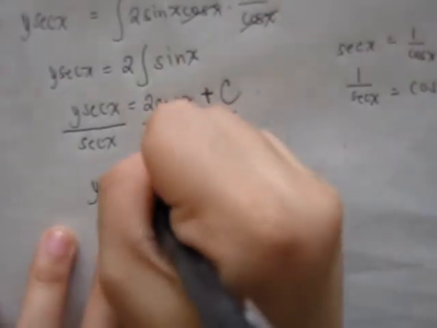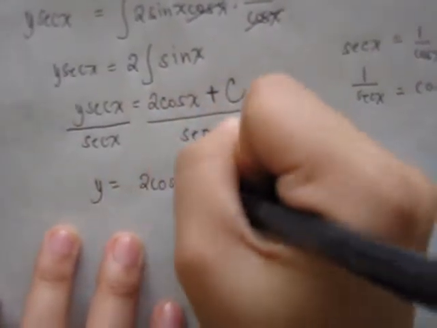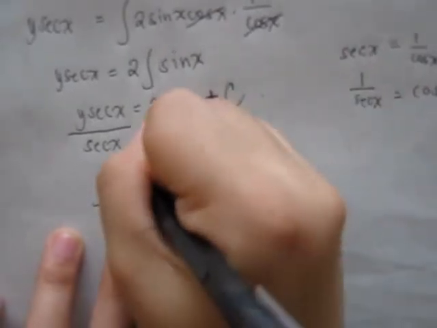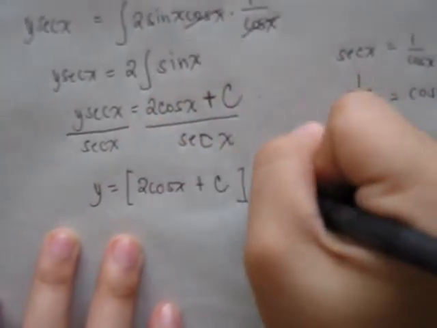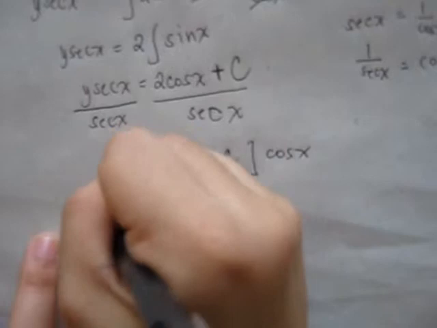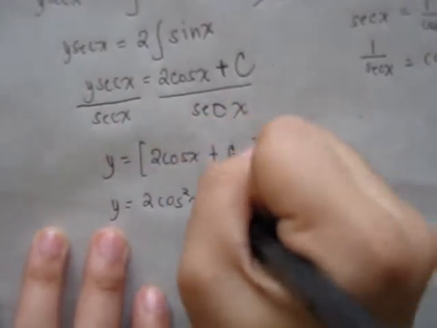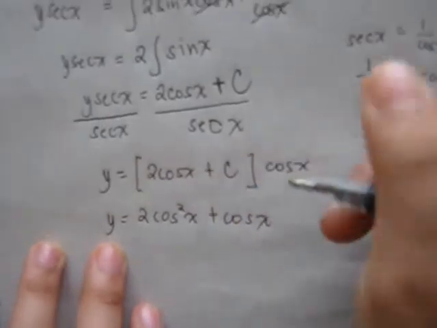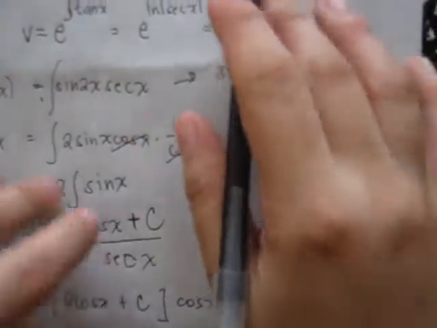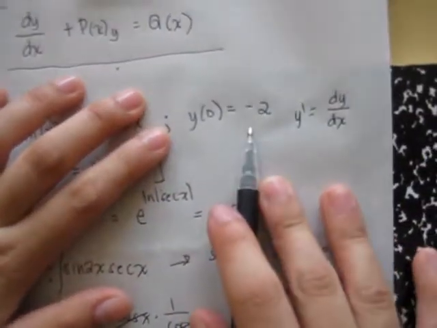So 2 cosine x plus c multiplied by cosine x, so y is equal to 2 cosine squared x plus c cosine x.